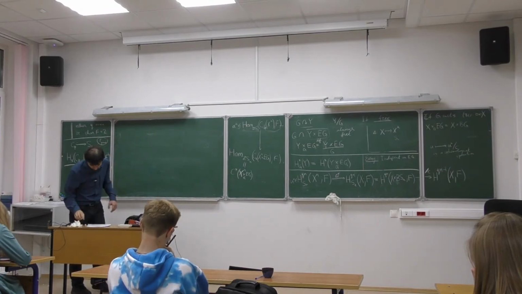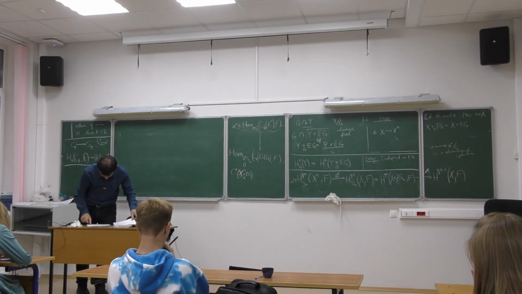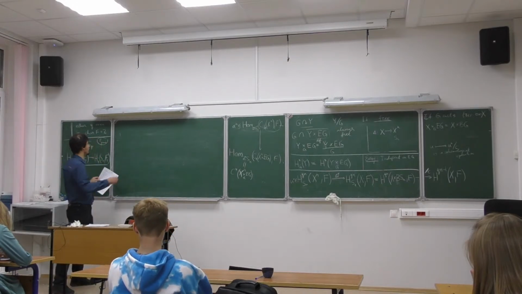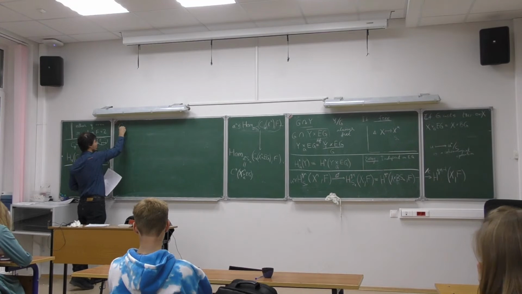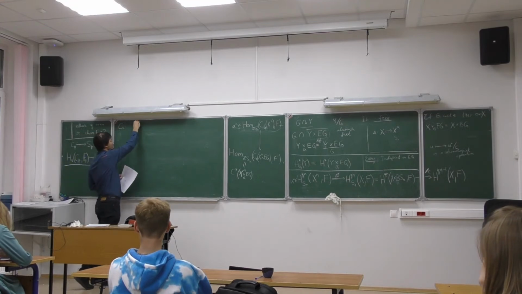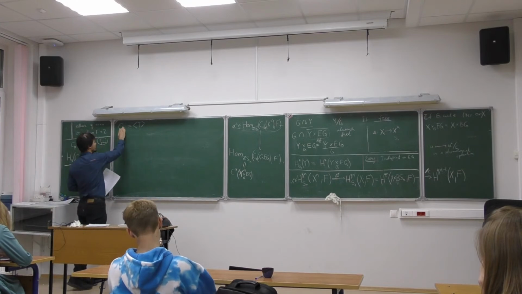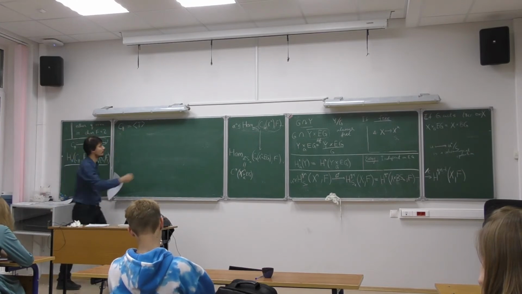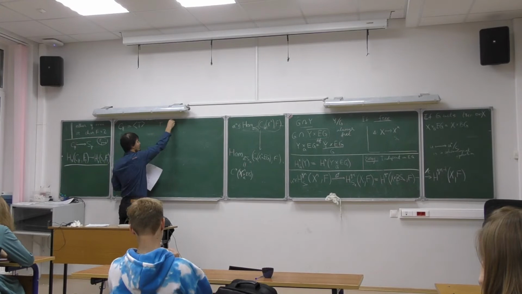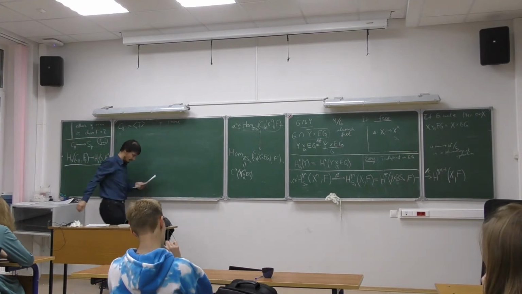I recall that for the cyclic group, let Cn be a cyclic group and let T be its generator, and P is prime.